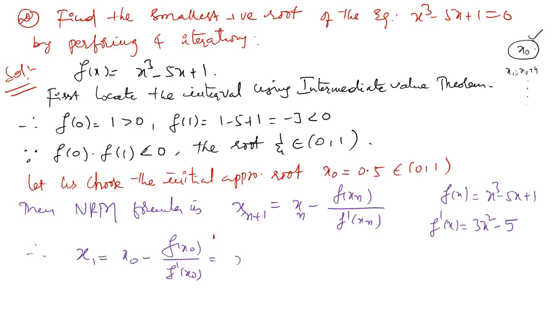So x naught value 0.5 minus f of 0.5 by f dash 0.5. You know the functions f of x and f dash x. Substitute those values, you will get 0.176471. This is the first approximate value.